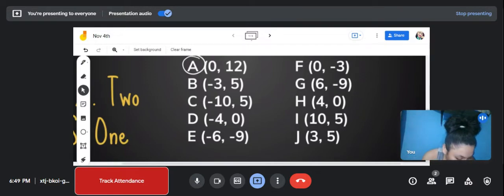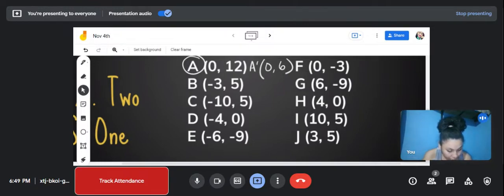So I'm going to be writing A1. 0 times a half is 0. And 12 times a half is 6. So this is going to be my new point that I'm going to be plotting.